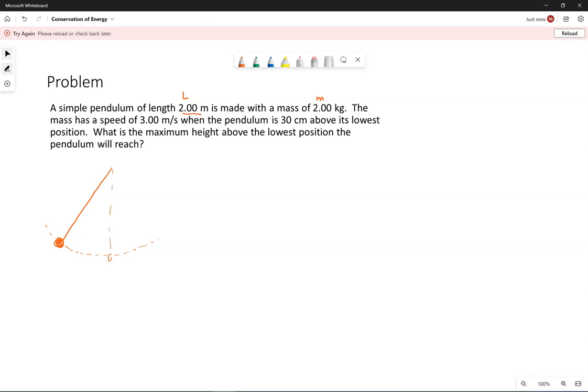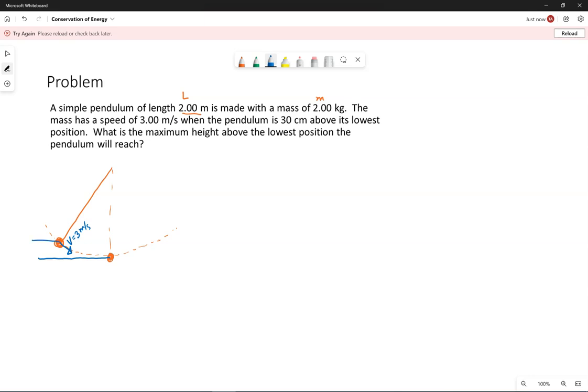Its lowest position is down here, and then it swings back and forth between 2 points. The problem is telling us the mass has a speed, a v of 3 meters per second, when the pendulum is 30 centimeters above its lowest position.